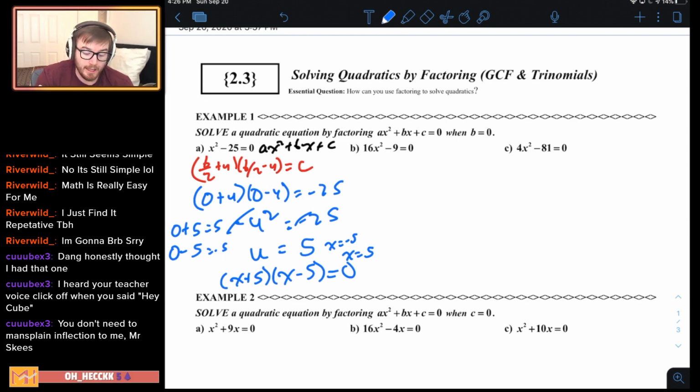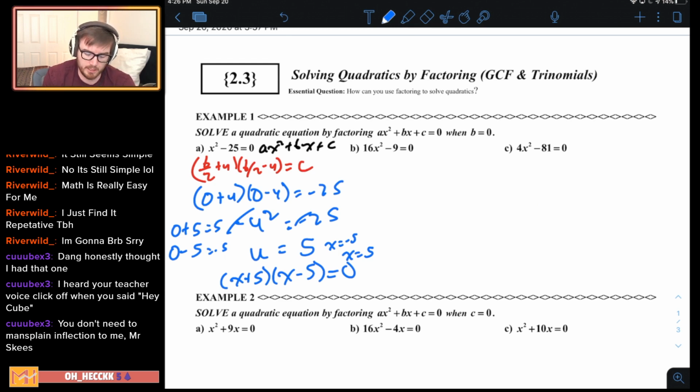So, you see how easy that was, right? Because there was no middle term. Remind you of something? I don't want to have to do this every time, right? These can be solved quicker. These really can.